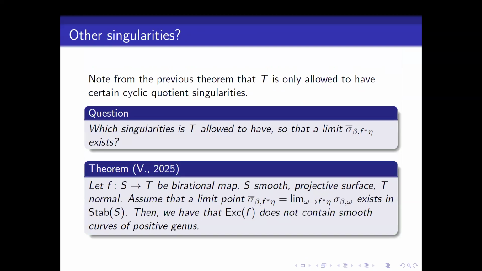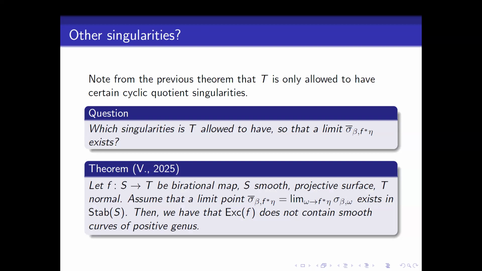This theorem tells you that the singularity shouldn't have smooth curves of positive genus. So that discards a lot of the possible singularities. And I also contributed proving a bunch of cyclic quotient singularities.